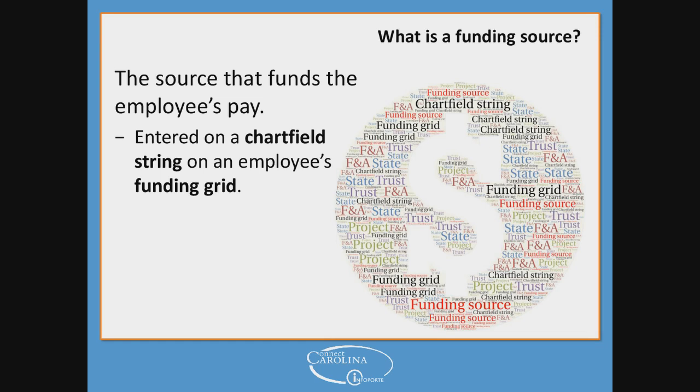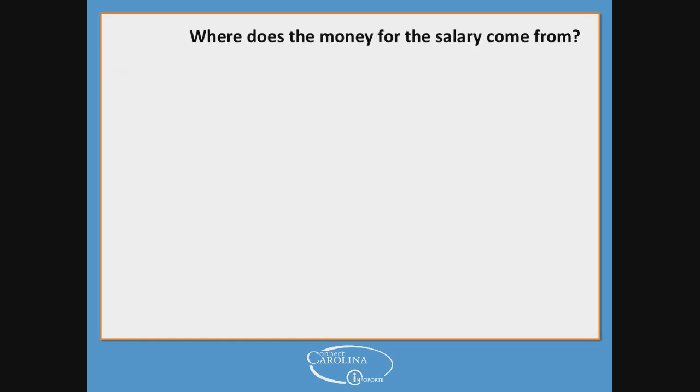Funding sources are entered for an employee using an HR action, so on the HR side of the house. And they get stored on what's called a funding grid. A funding grid is just what it sounds like: a table that lists all the chart field strings that fund an employee.